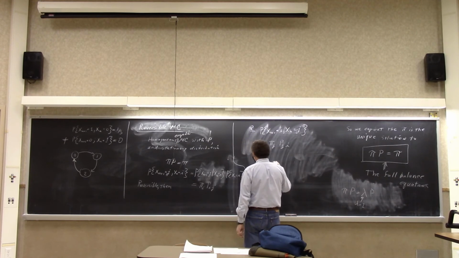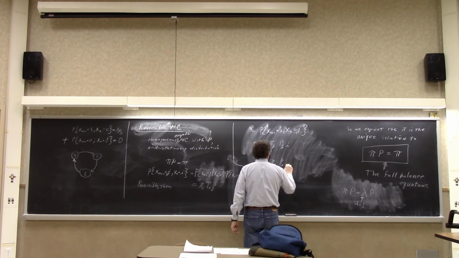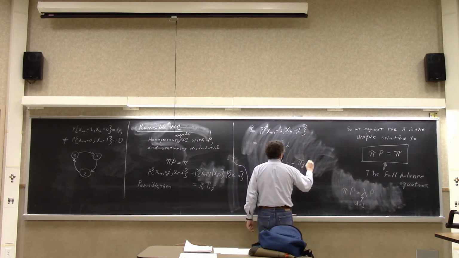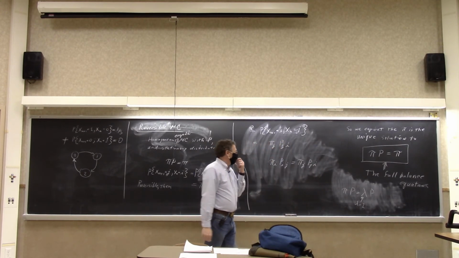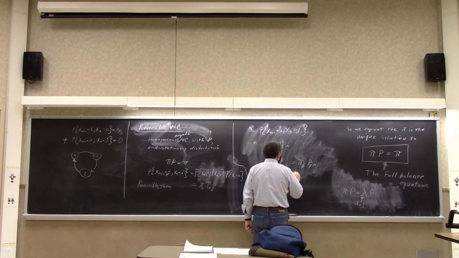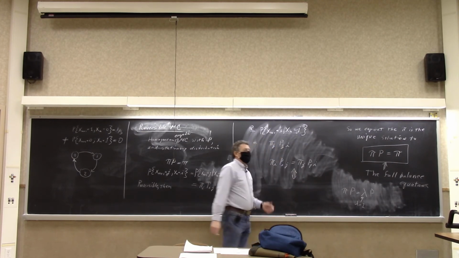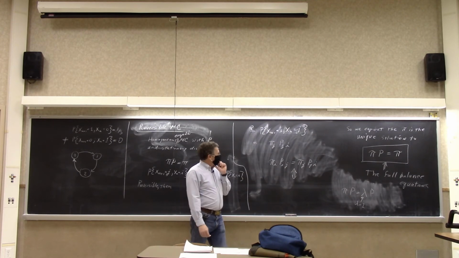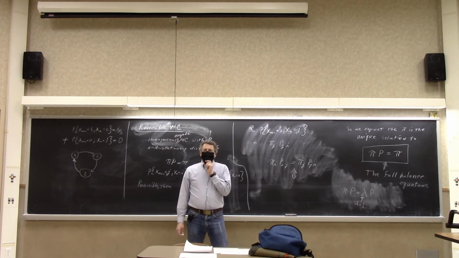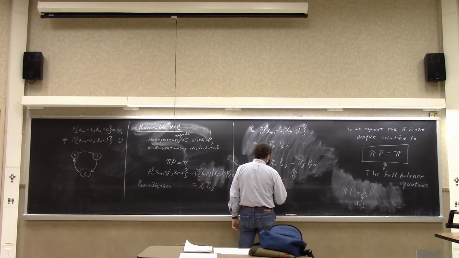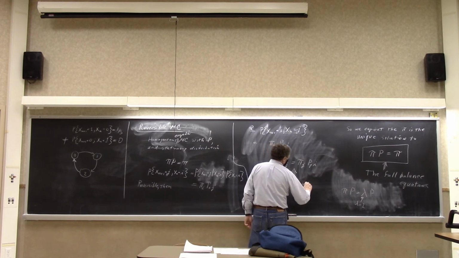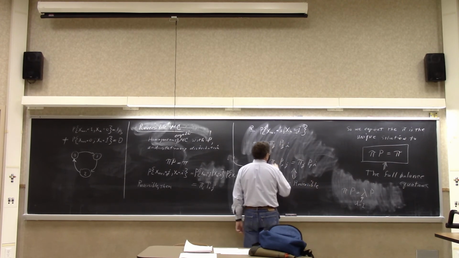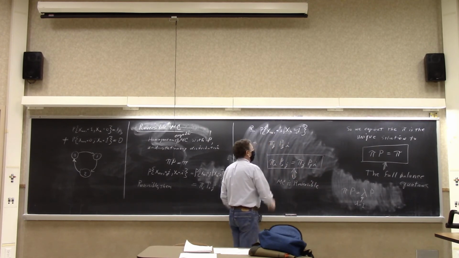So the question is, when is pi_i times P_ij equal to pi_j times P_ji? When are they equal? This is true if and only if the Markov chain is reversible, and of course that's for all i and j.